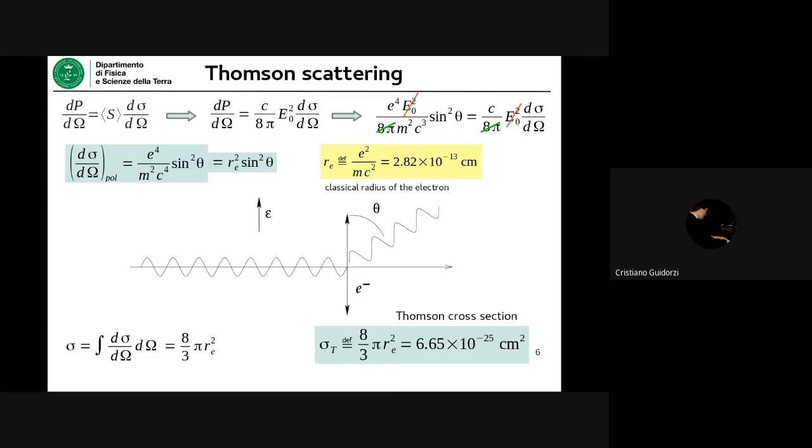But the wavelength of these photons won't change. So in this sense, you can call it coherent. You have no change in the wavelength of the photon, only the direction of these photons changes. But this holds true, and this is the domain of validity of Thomson scattering, as long as the energy of the photon is negligible with respect to the rest mass energy of the electron.